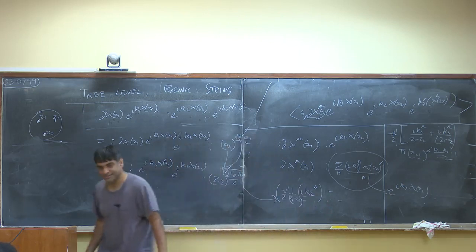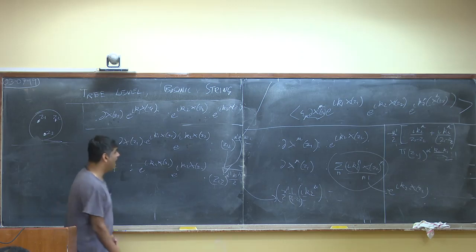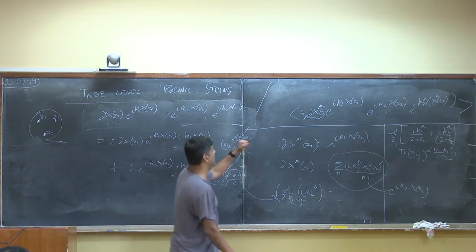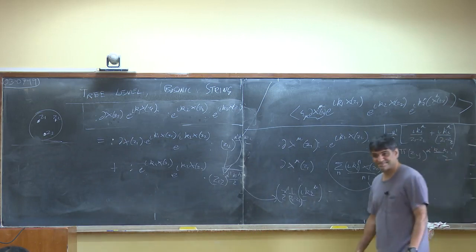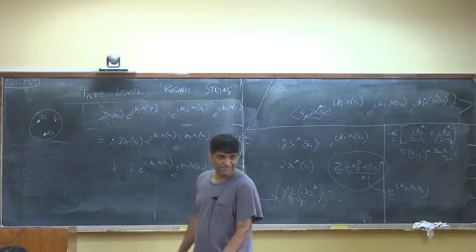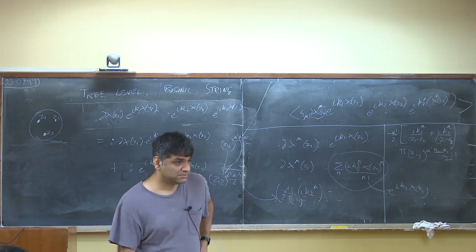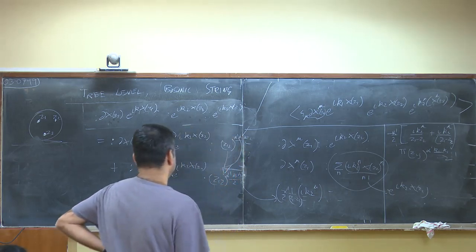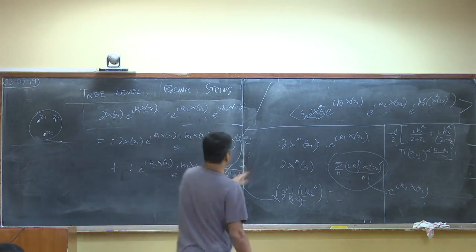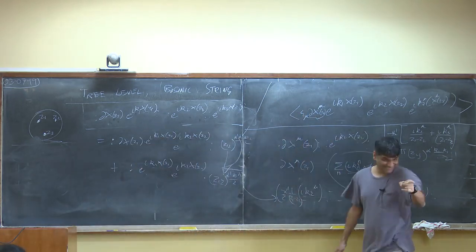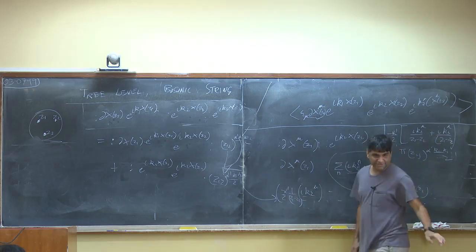Okay, excellent. Fine. Now, we've understood what happens when we've got one vertex operator. He wanted to take the Z1 derivative.